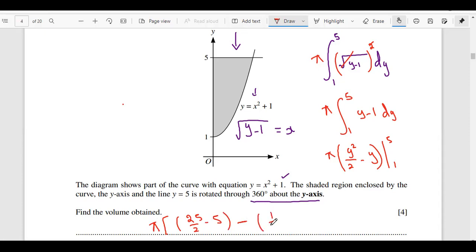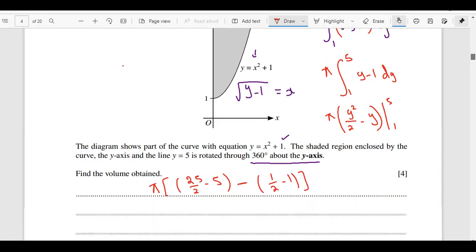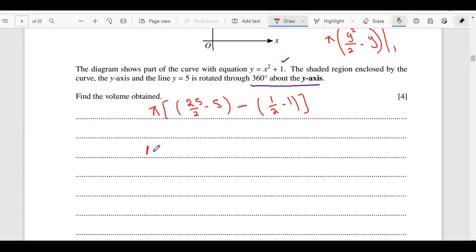Now I'll plug in 1 by 2 minus 1, and it would be pi. 12.5 minus 5 would give you what? 25 by 2 minus 5 is 15 over 2, which is 7.5.